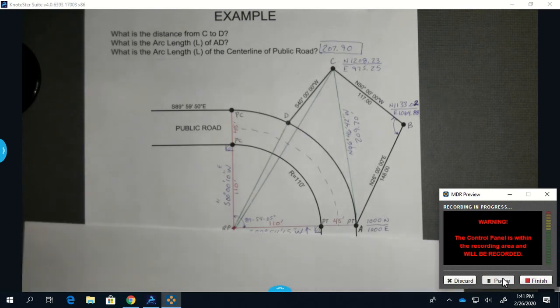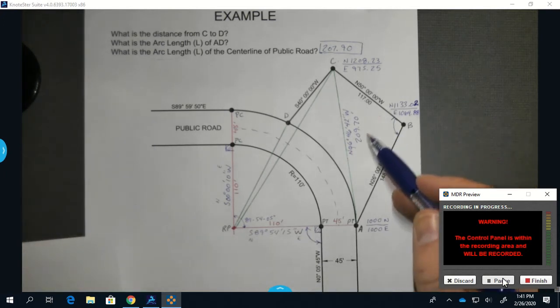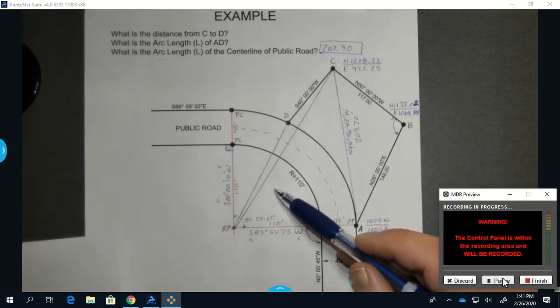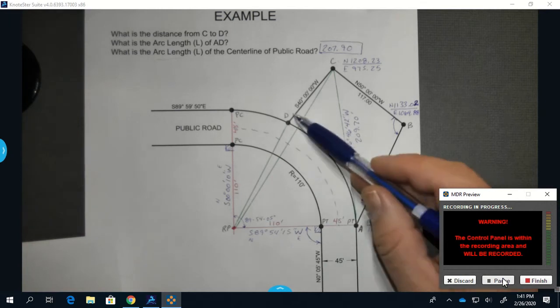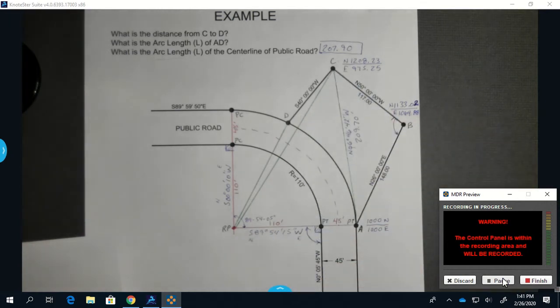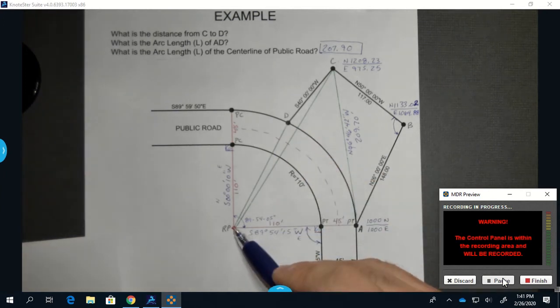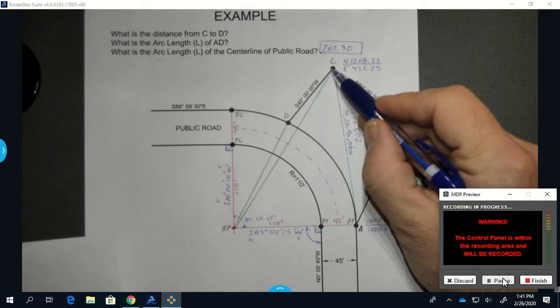So let's solve for some other stuff here. We figured out this triangle. Now we're going to need to figure out probably one of these two triangles, but the cog in the wheel that we need to solve for to figure out either one of these two triangles is this line right here.